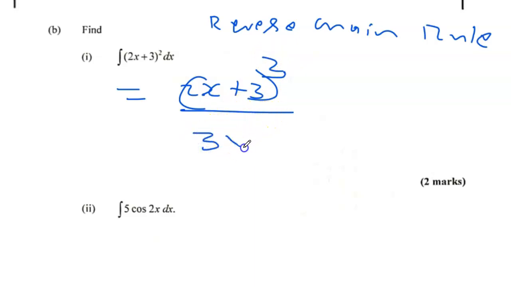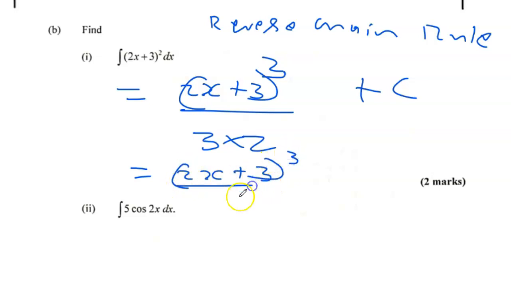Then we also divide by the derivative of the bracket, which is 2, plus c. So the solution is (2x plus 3) all cubed upon 6 plus c.